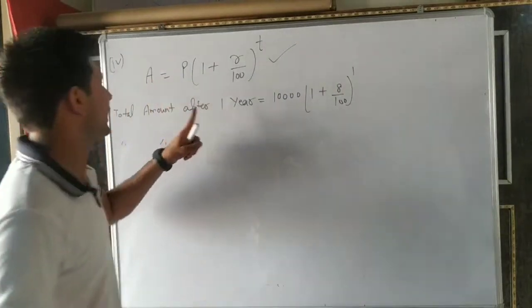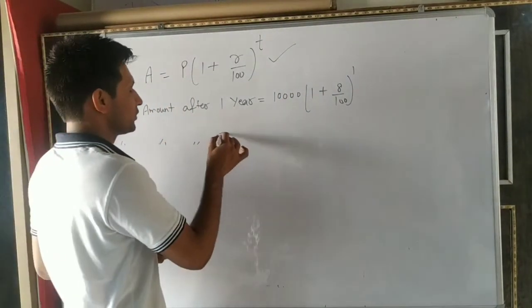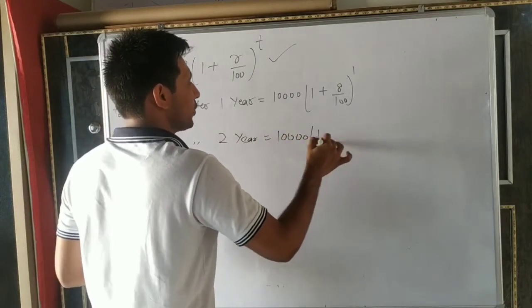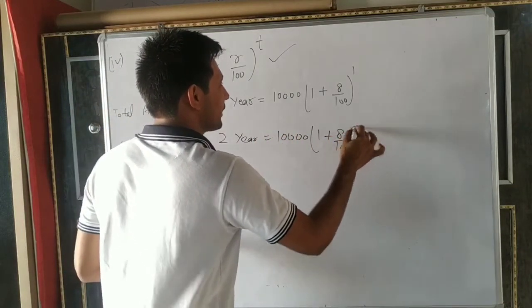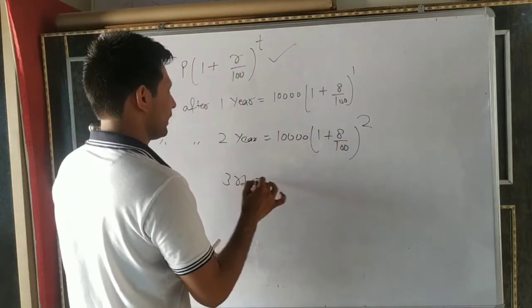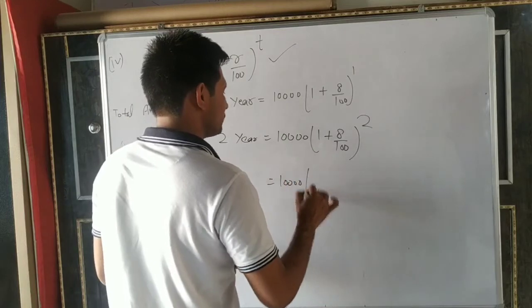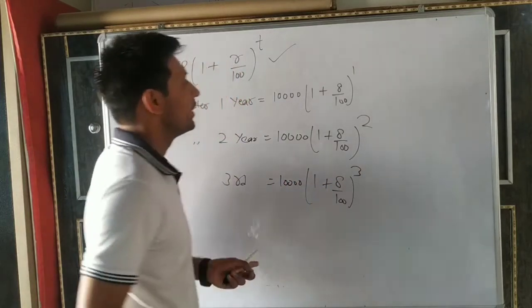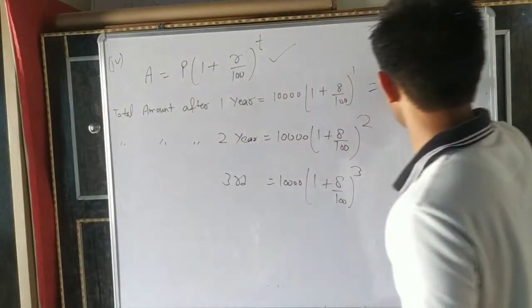First we will find the total amount after 1 year. After 2 years, how will you find? 10,000 into 1 plus 8 upon 100, time T is 2. Same as it is, we will find for the third year, 10,000, 1 plus 8 upon 100 into 3.